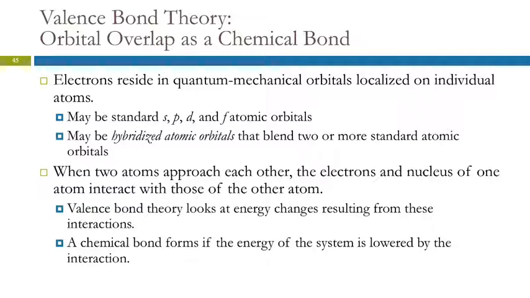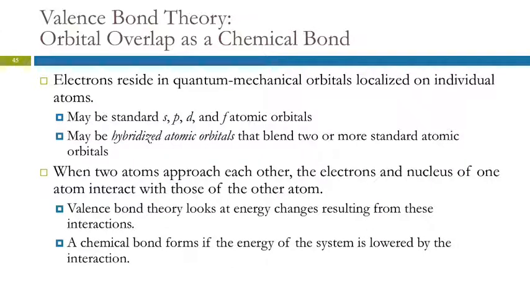So those exist, but we could also hybridize the orbitals, sort of mash them together and come up with some different orbitals. So we can have hybridized atomic orbitals. We're blending two or more different kinds of atomic orbitals, like you could blend an s orbital and a p orbital and have a hybrid orbital. These are all on that one atom.